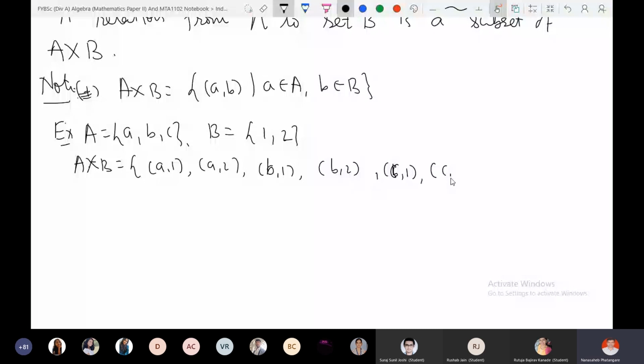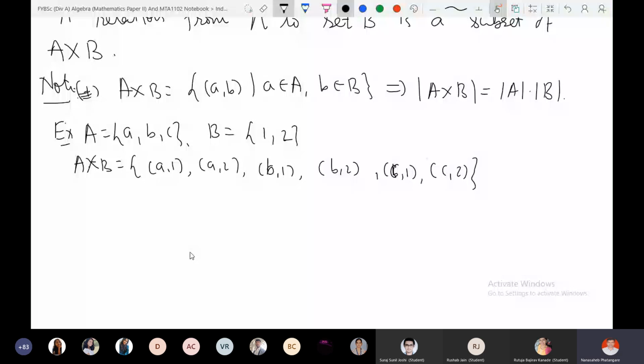So these are the elements. And last time we also saw how many elements are in A cross B. So that we already learned that cardinality of A cross B is cardinality of A into cardinality of B. So cardinality means number of elements. So that we learned last time.